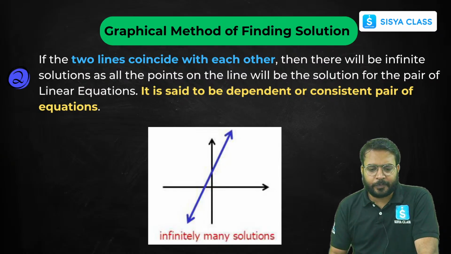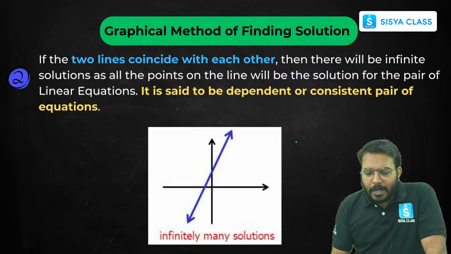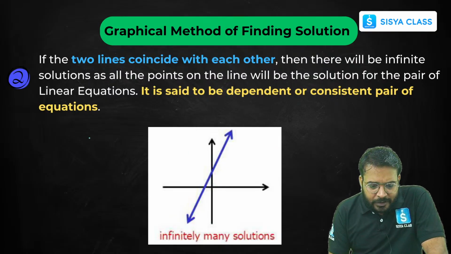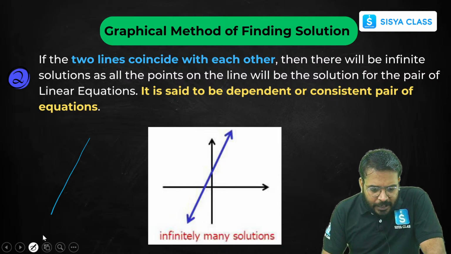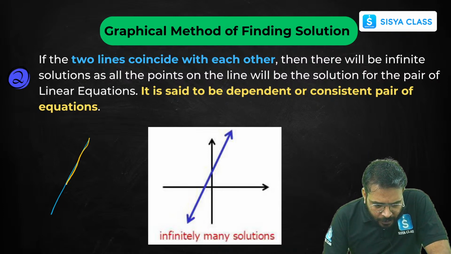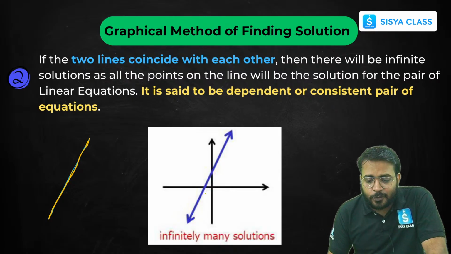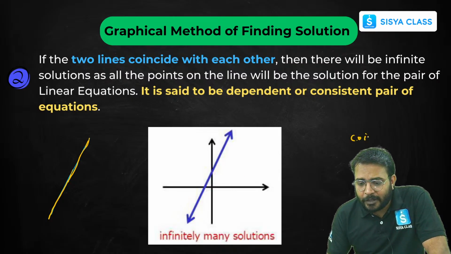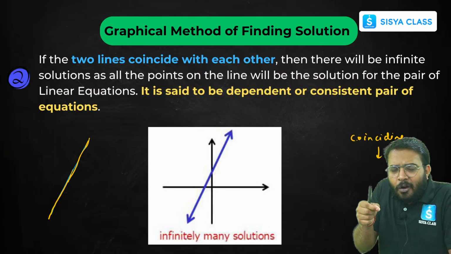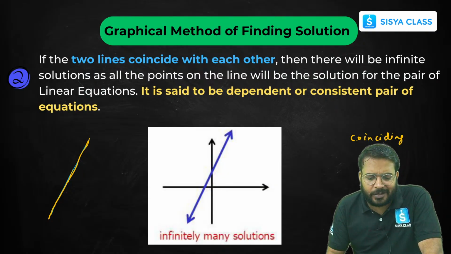All right. If the two lines are coinciding, suppose I have my first line like this, and my second line is also the same. In that case we will say that these two lines are coinciding. And if they are coinciding, that means each point lying on that line is going to be your solution. Yes or no?